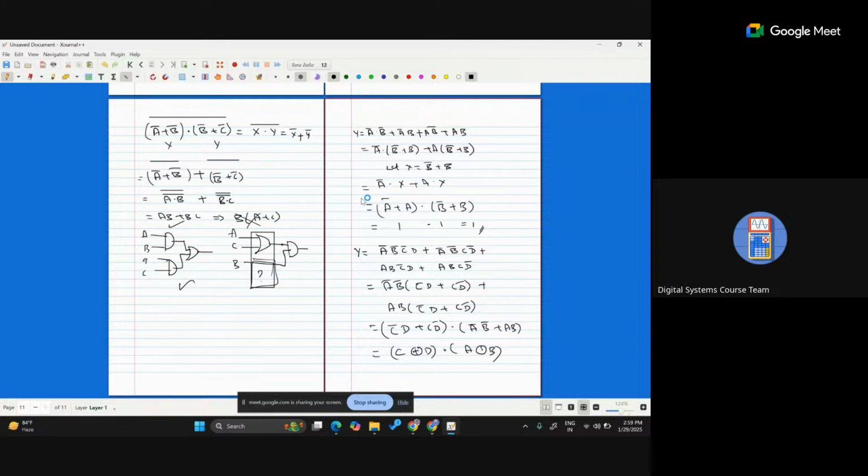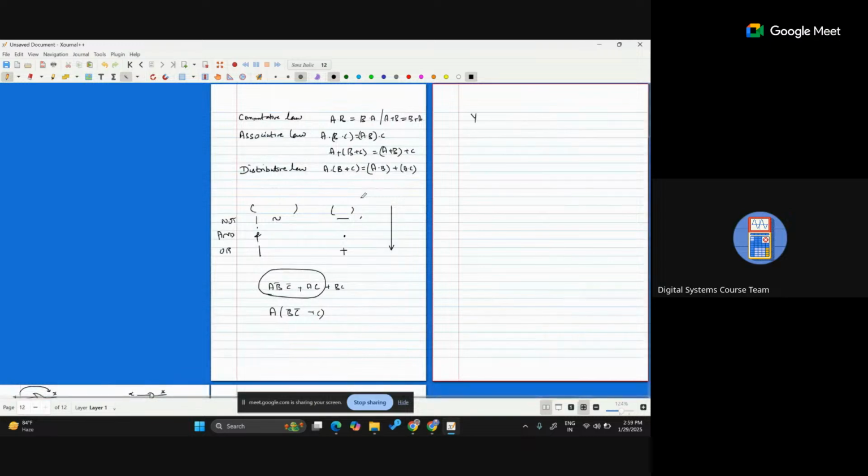Yes, sir. Okay, so I just want to emphasize one term from this expression. I gave A bar B bar C D. I think C. Okay, so I can reduce it to A bar B bar times C XOR D. I got this kind of simplified term.